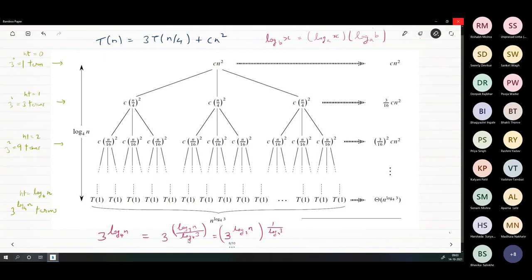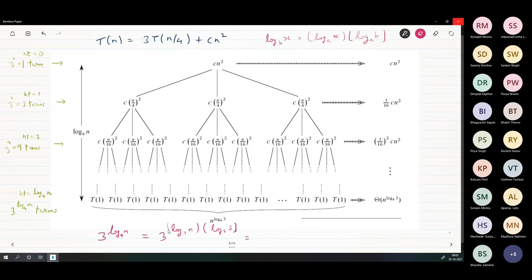Okay, so let me write it down again. So this is 3 raised to log n to the base 3 times log 3 to the base 4. Now you see how this is appearing more or less.